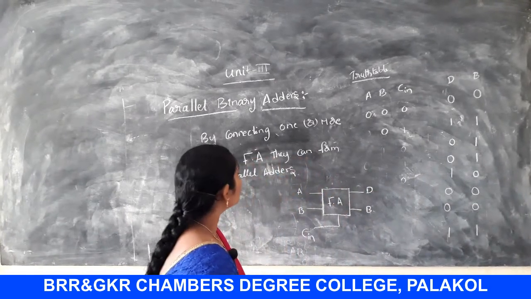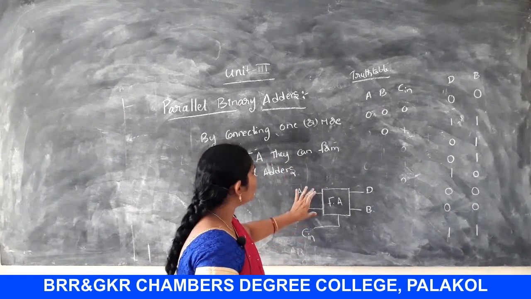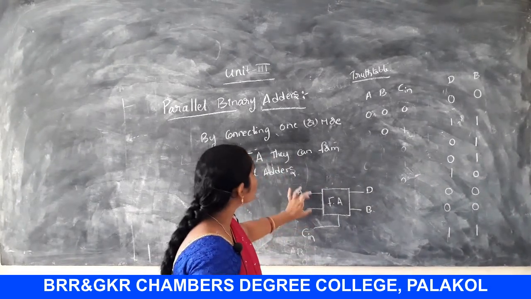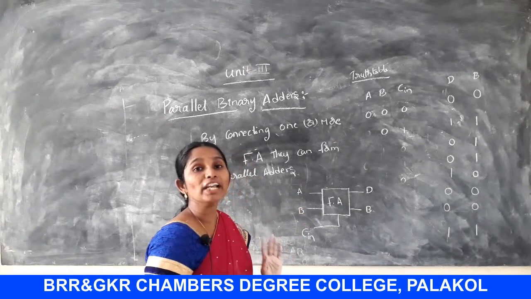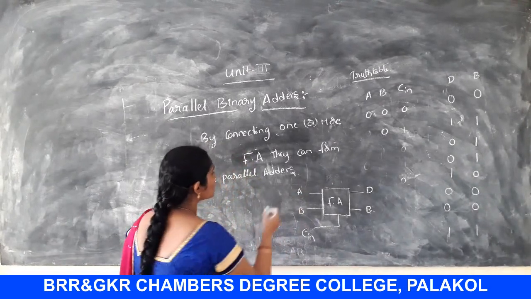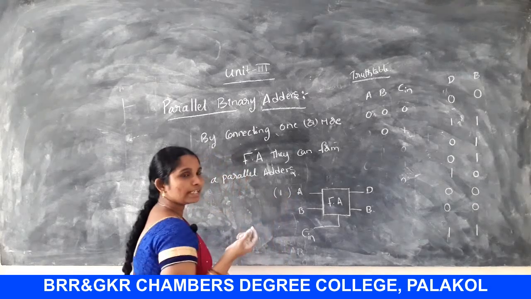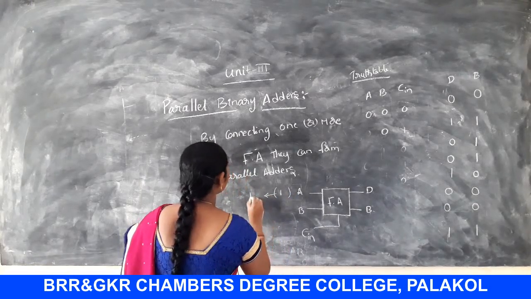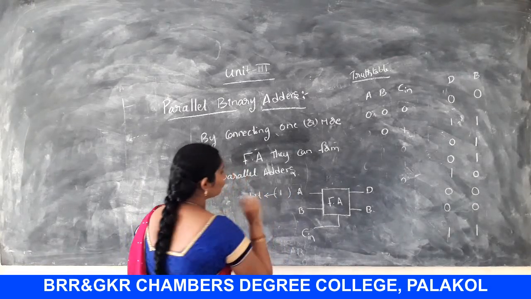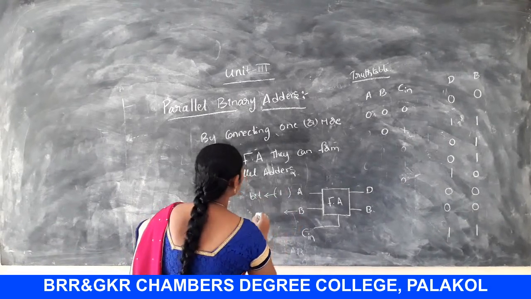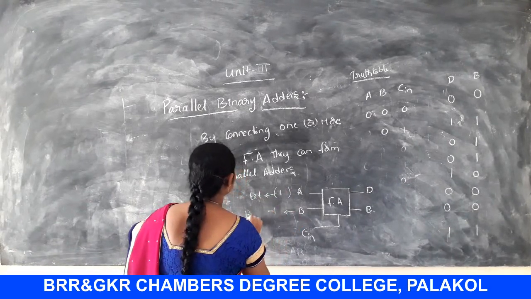Okay. So for example, by adding these 2 bits, they are only 1 bit numbers. That means here A has only one bit, either 0 or 1. It has only one bit, and B has only one bit. Okay.